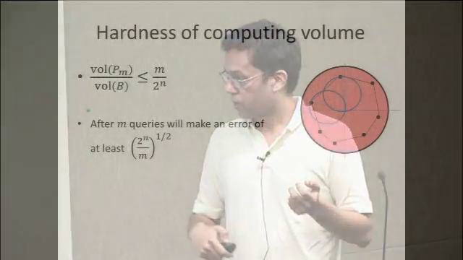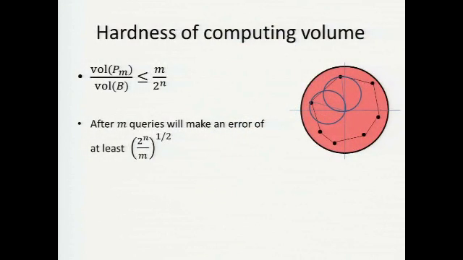If the volumes of these two things were very close, then we are fine. We can just output the volume of either one of them, and that would solve the problem. But it turns out that the volumes of these two things are really different.